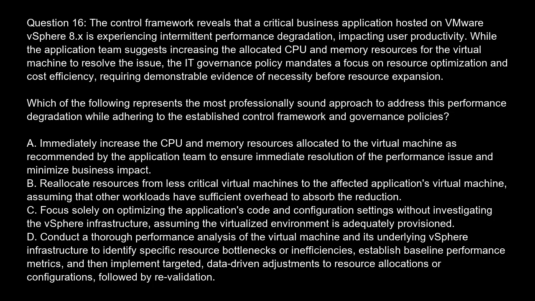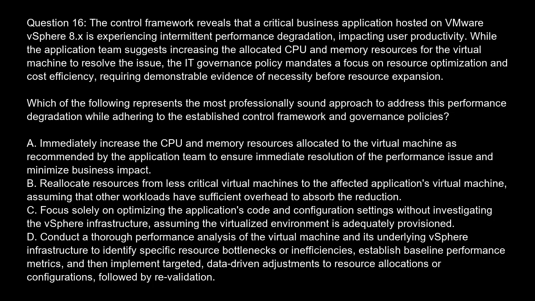Option A. Immediately increase the CPU and memory resources allocated to the virtual machine, as recommended by the application team, to ensure immediate resolution of the performance issue and minimize business impact. Option B. Reallocate resources from less critical virtual machines to the affected application's virtual machine, assuming that other workloads have sufficient overhead to absorb the reduction.